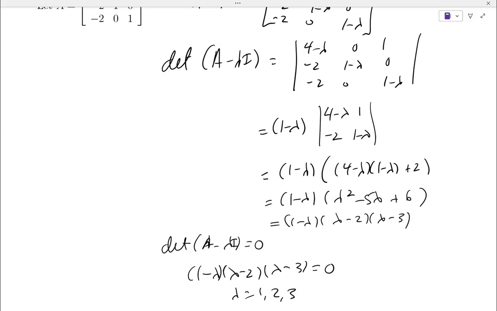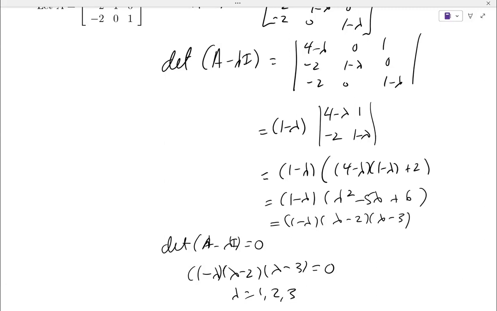So to do that, I'm going to clear this out. Let's go up into our function menu, the y equals menu. I'm just going to graph the determinant of A minus lambda I, right? To get the graph on here, I'm just going to replace the lambda with an x.